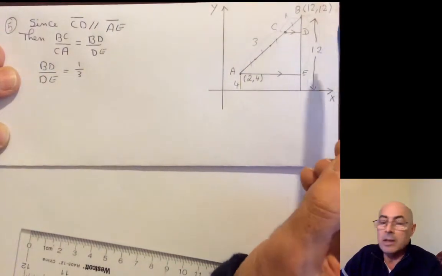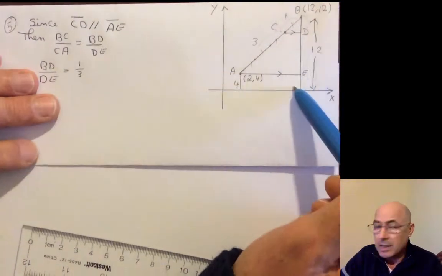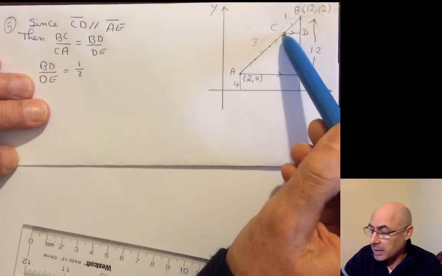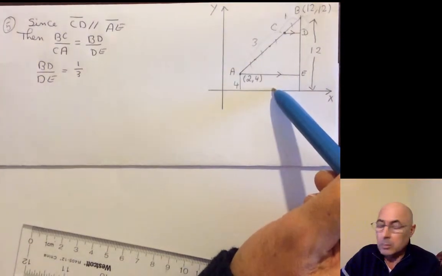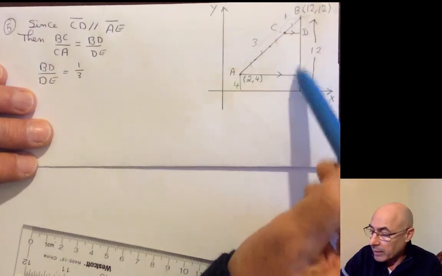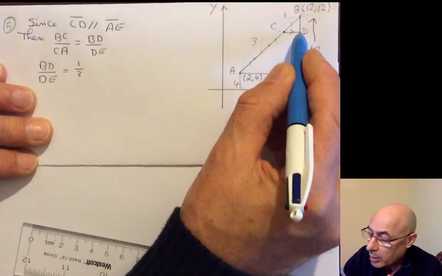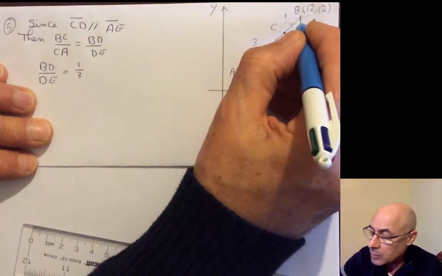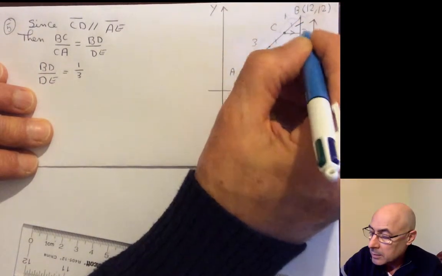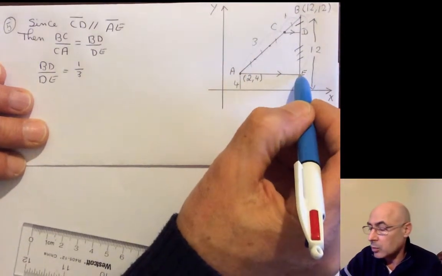My goal is this, guys. If I know how high point D is from the x-axis, then C has the same height. And once I know that height, that's the y-coordinate. And to find this height, I need to find first how long DE is. So if this is also 1:3, I need to divide that BE into 4 parts.